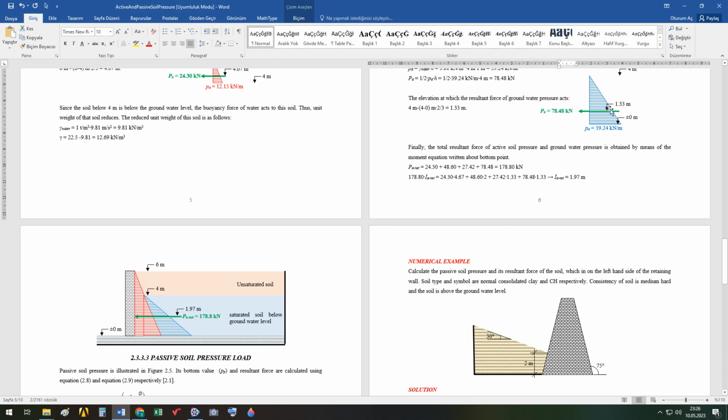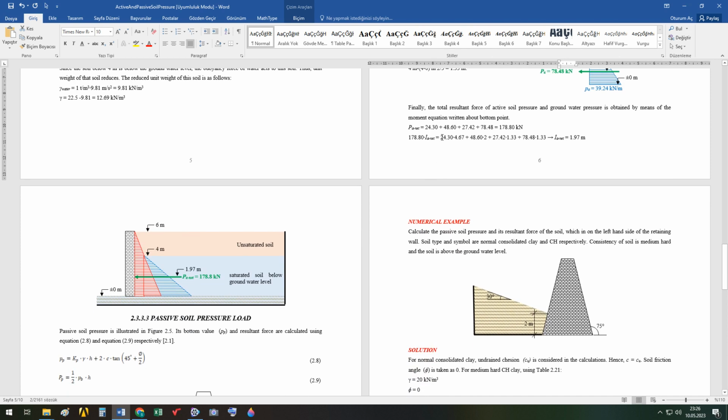So if you multiply the forces with their corresponding moment arms, you take the moments of those forces about point E, which equals the moment of their resultant force times the resultant force's moment arm. The resultant force moment arm is denoted here with this symbol, and it's 1.97 meters. So the resultant force of all distributions coming from soil and water is so much.